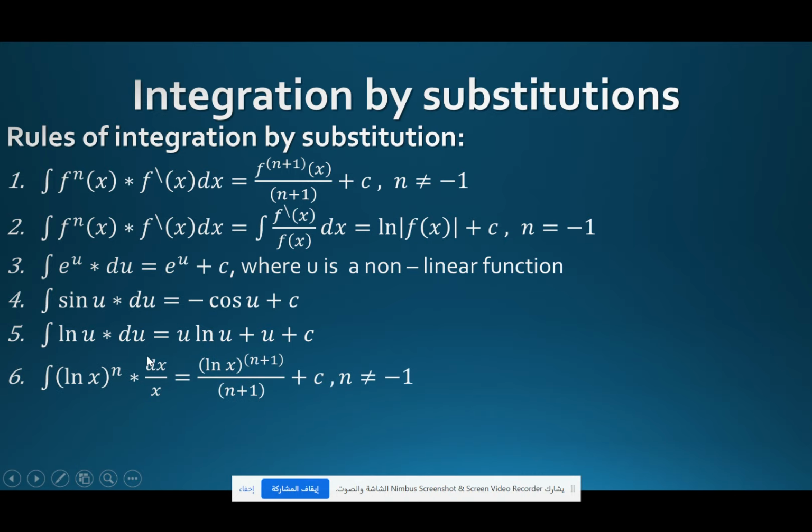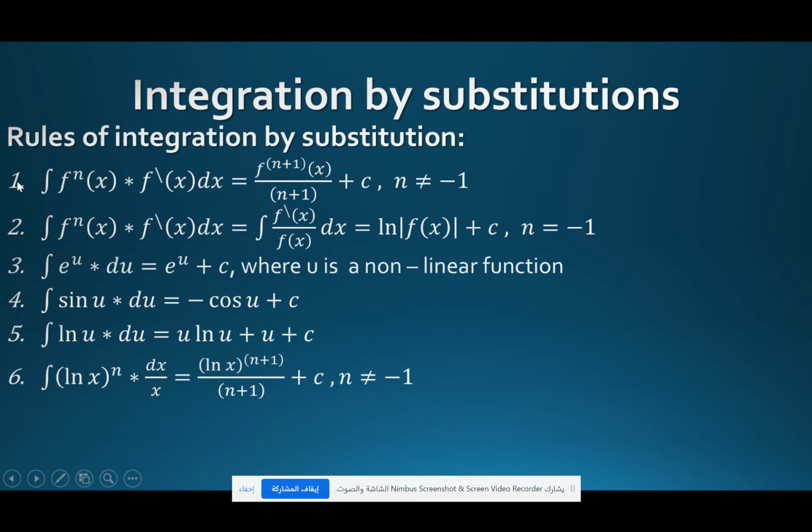The next is the integration of (ln x)^n multiplied by the derivative of ln x, which is dx over x, or sometimes they write it as 1 over x dx. In that case, you add 1 to the power of the function and divide by the power n plus 1, and that happens when n is not equal to -1. This takes you back to the idea in number 1.